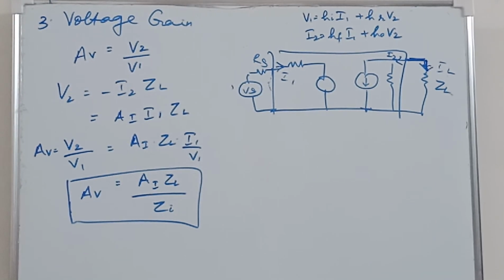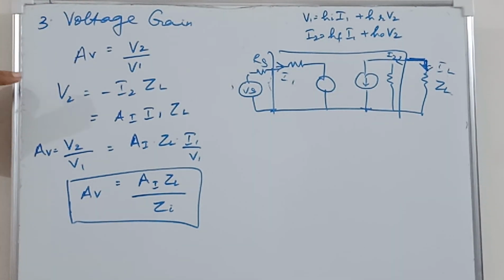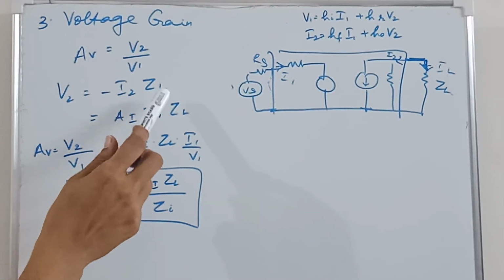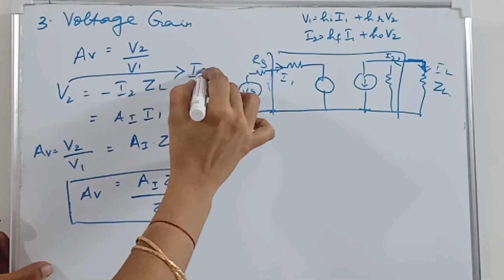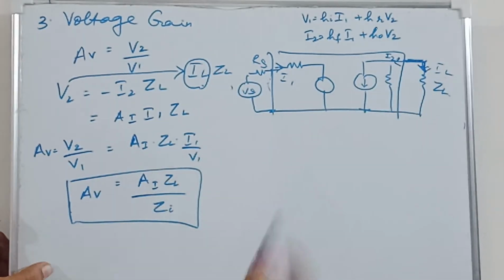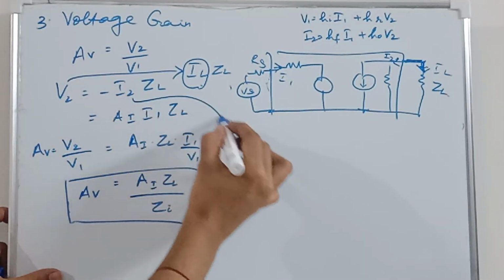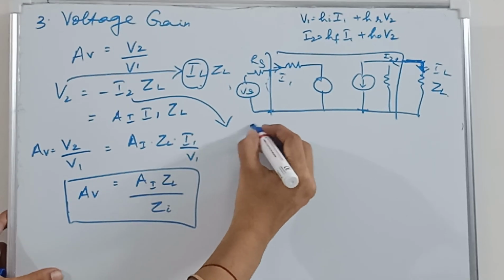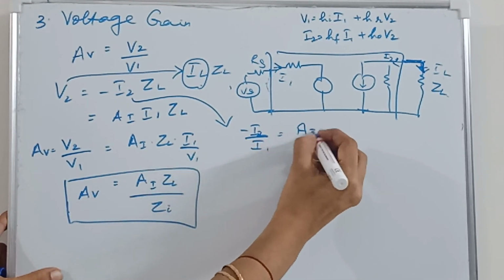So voltage gain is the ratio of the voltages V2 by V1. V2 is nothing but minus I2 into ZL. The V2 is actually IL into ZL, and IL is in the opposite direction of I2, so instead of IL it is minus I2 into ZL. I2 by I1 is current gain.